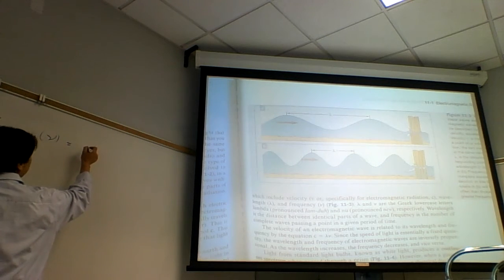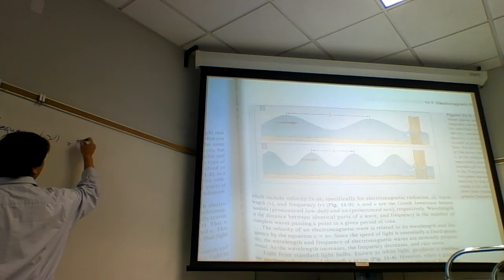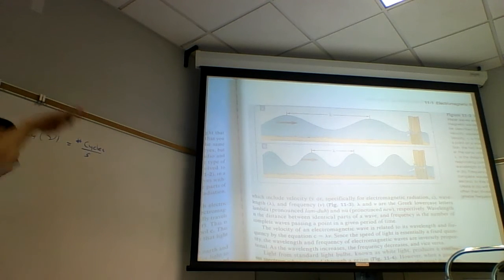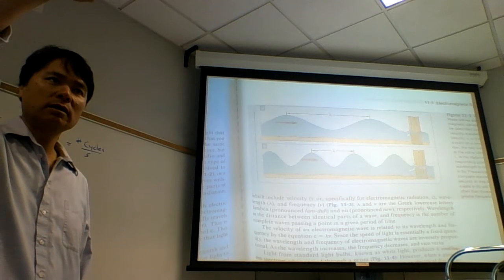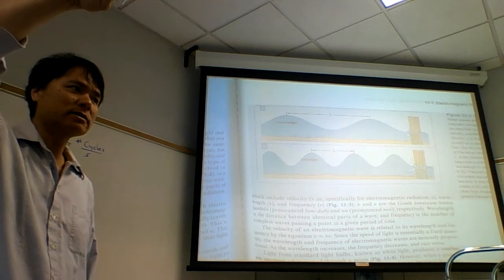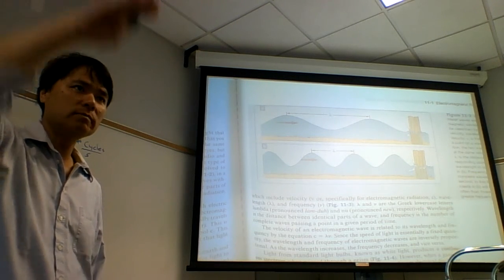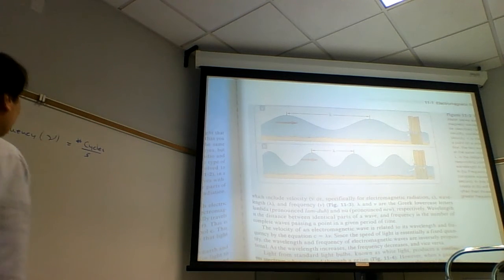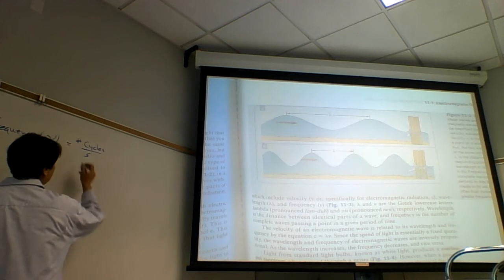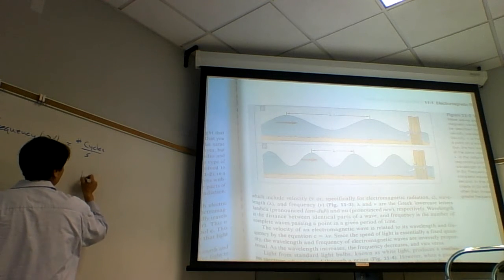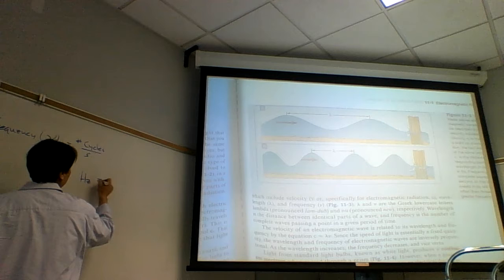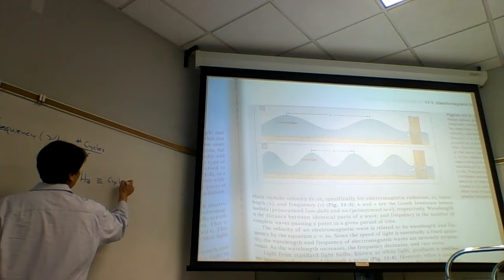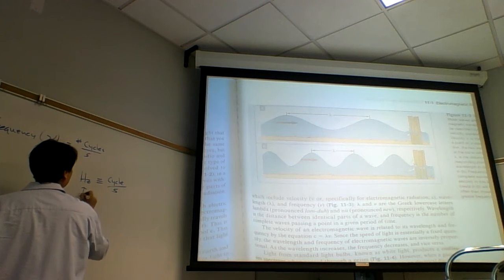This is the number of cycles per second. A cycle is a peak-to-peak cycle. So you start here, you drop down and you end back in the same spot. You go plus, minus, plus, back. The number of cycles per second is defined as the hertz. The definition of hertz is a cycle per second.